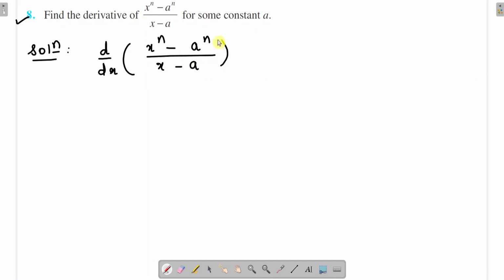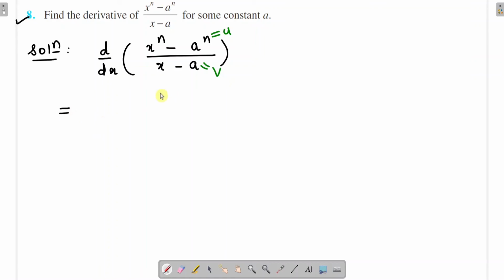No, because in the previous sub problem only we have seen this type of function. This is of the type u by v, right? So you know the formula for u by v. Okay, u by v type this is, right? So u by v derivative formula you know, so you have to use that.